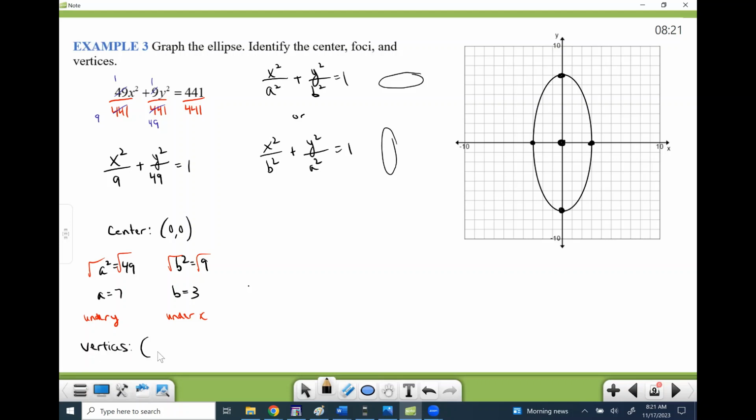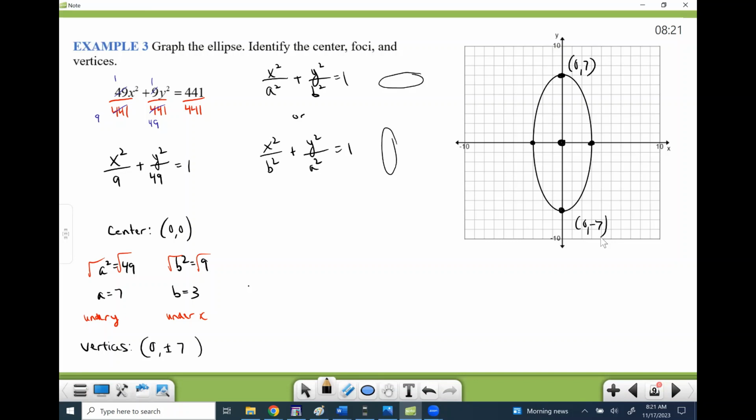You could do it without a graph: a is 7, and it's in the y direction this time, so you could put plus or minus 7 in the y spot. But I like to go to my picture to make sure. 0, 7 is this vertex, and 0, -7 is that vertex. The major axis is vertical this time, so that's why we're putting it in the y spot.